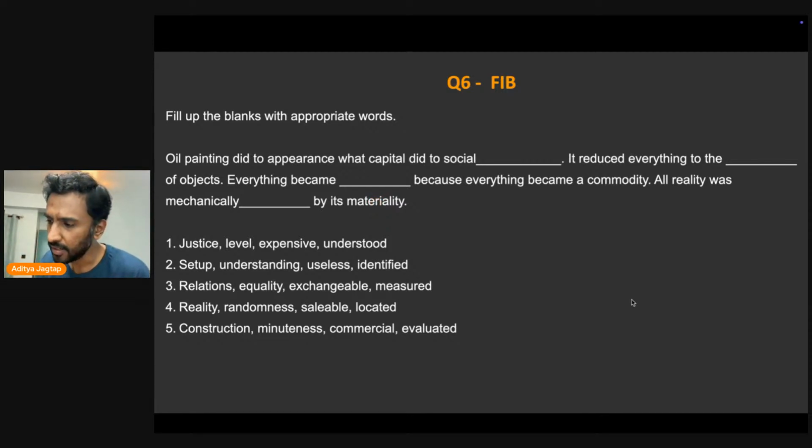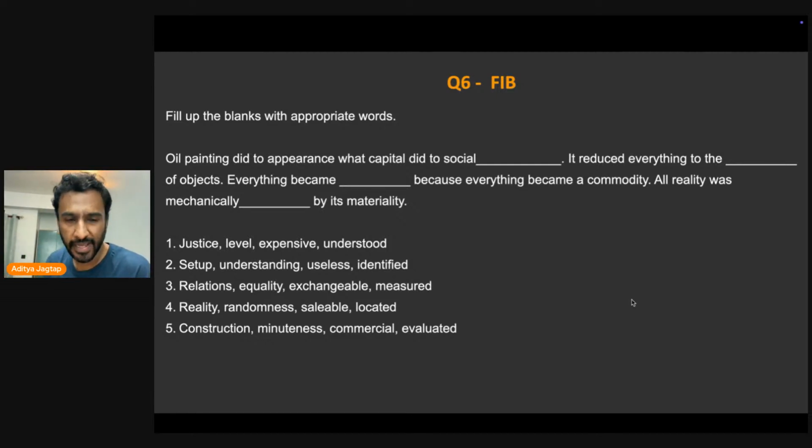The author is saying that everything got equated to objects. Everything became object like because everything became a commodity, right? So everything was something that you could essentially put a price tag to, something that you could assign value to.